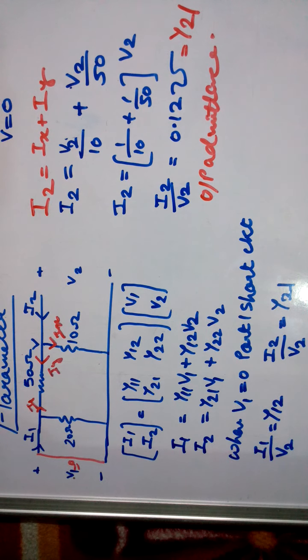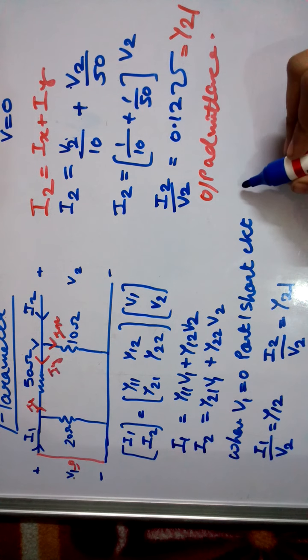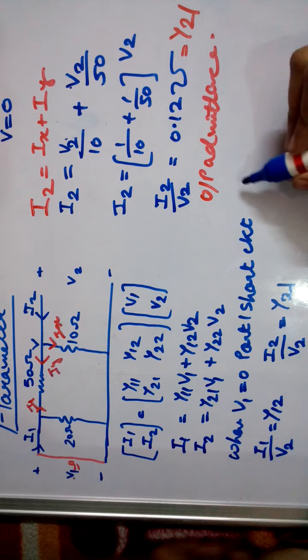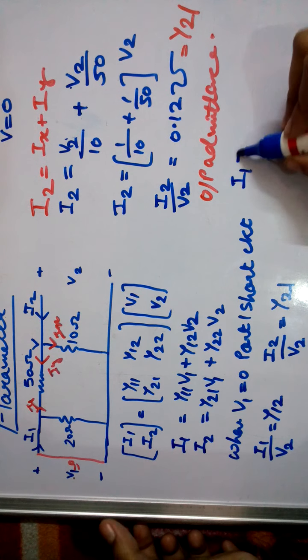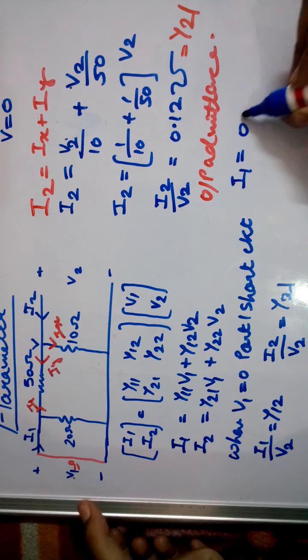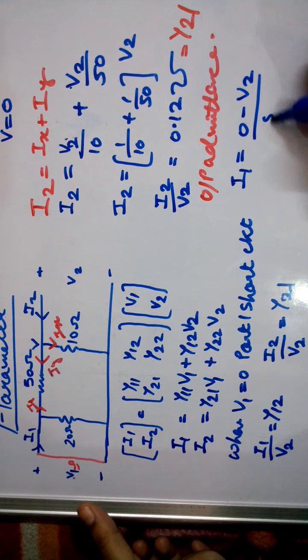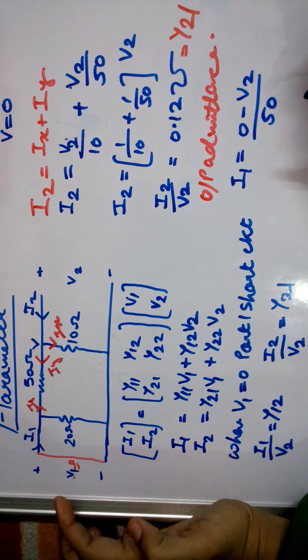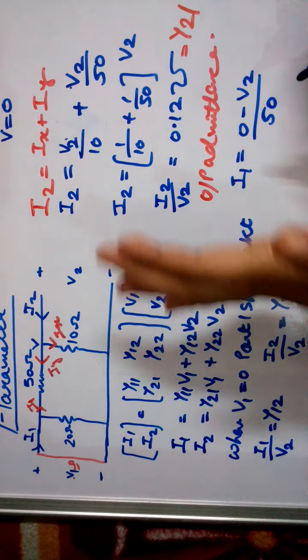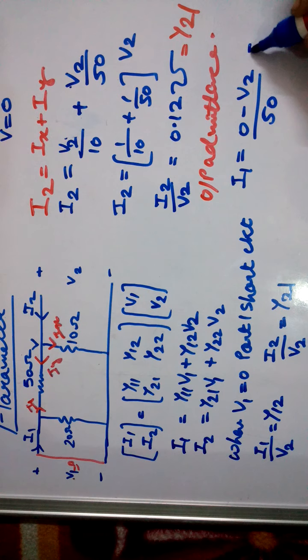Now for calculating Y12, we need I1 upon V2. Let's calculate the value of I1. I1 equals 0 minus V2 upon 50. I1 is going from V1 to V2 and V1 is 0, so I1 equals minus V2 upon 50.